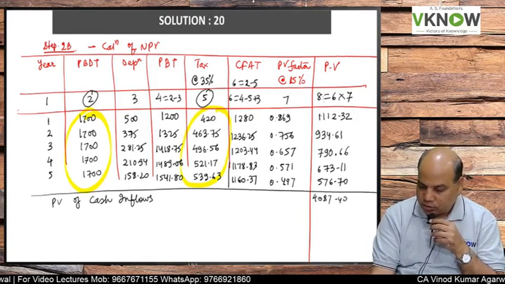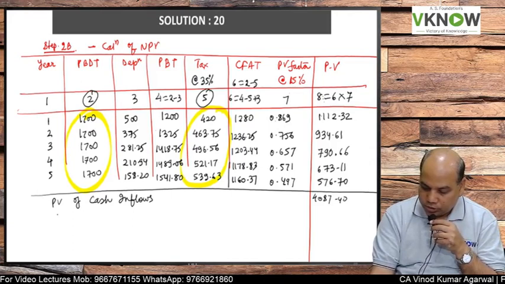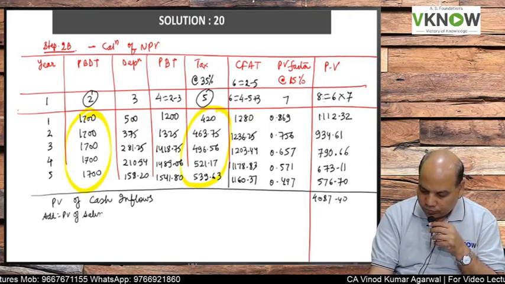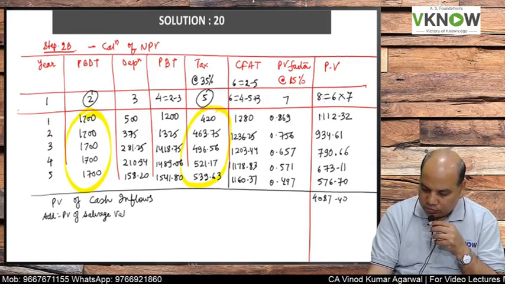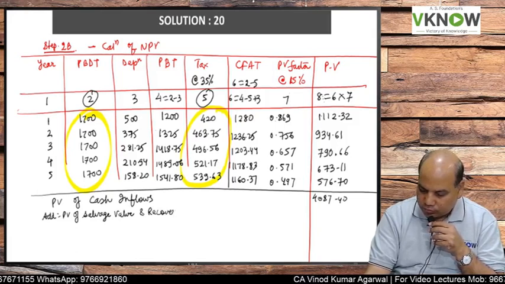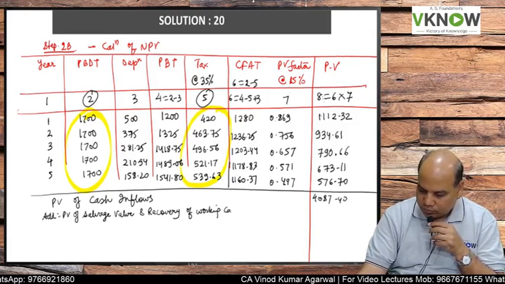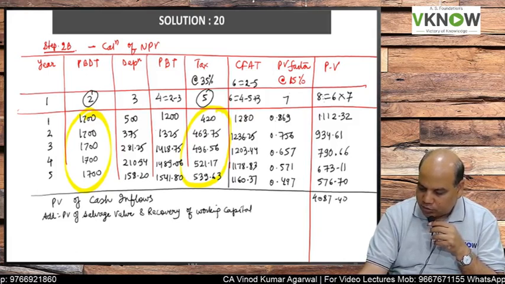So PV of cash inflow. Then to that we'll add PV of salvage value and recovery of working capital that we'll receive in the last year.